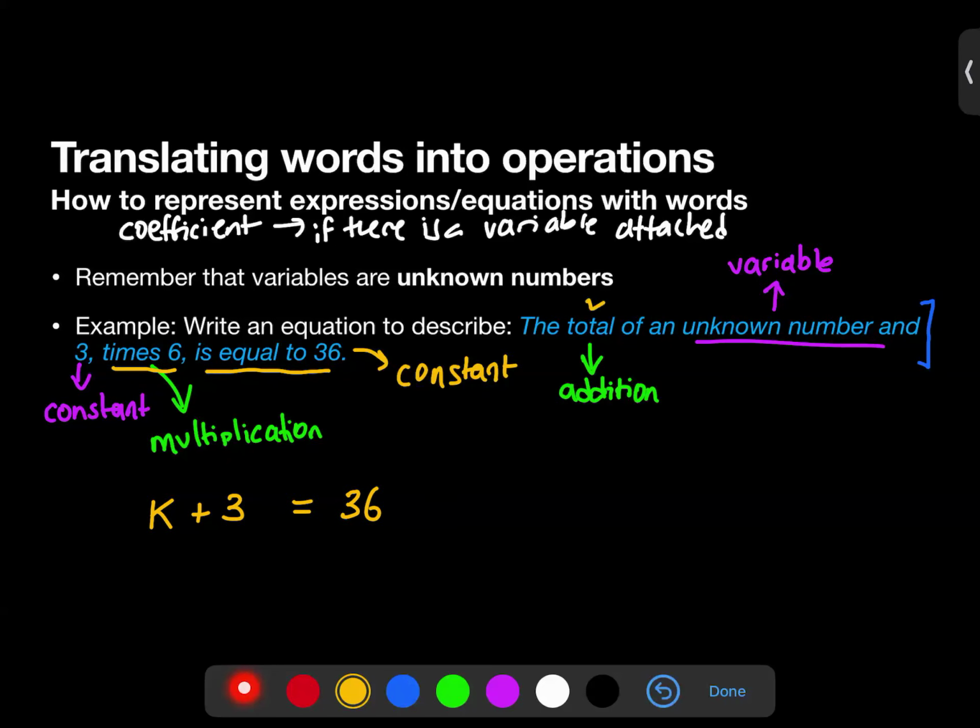So we have the total done, we have the unknown number done, and we have 3. So lastly, we have to multiply 6. But can anyone tell me, is the 6 multiplying the 3 only, or is it multiplying everything?